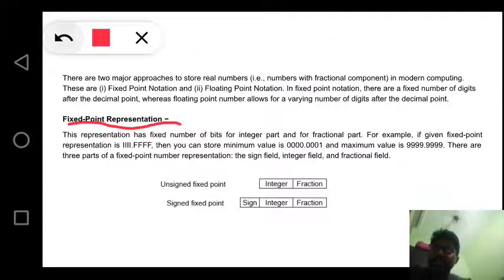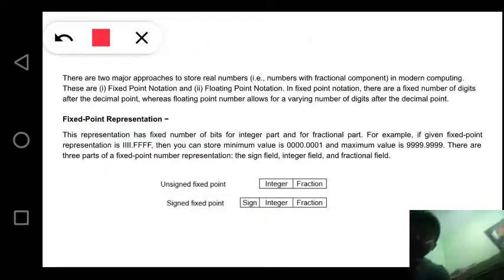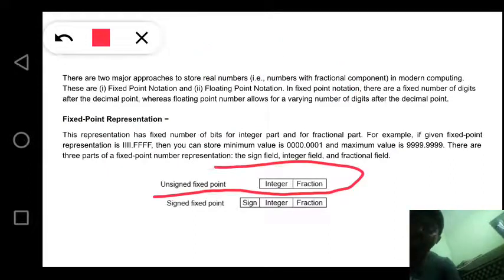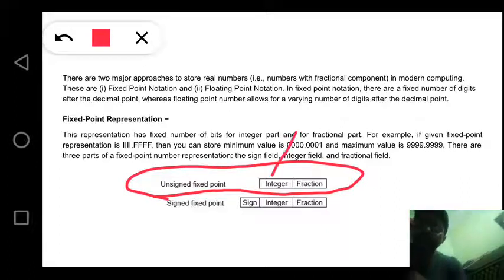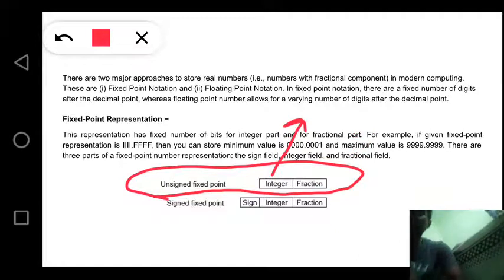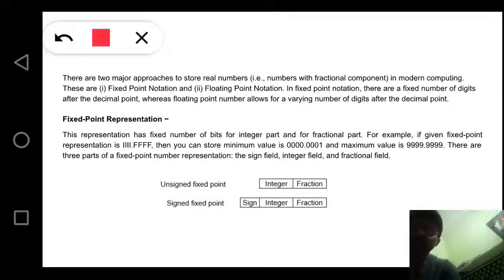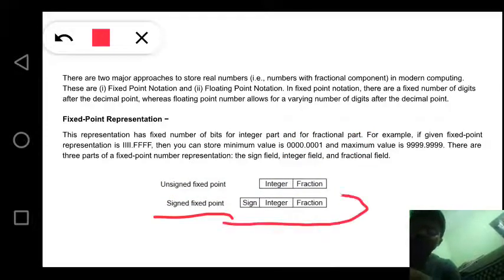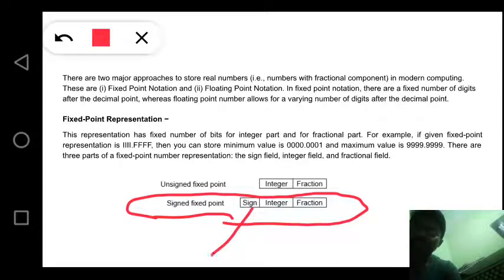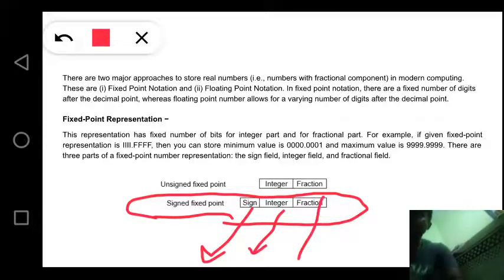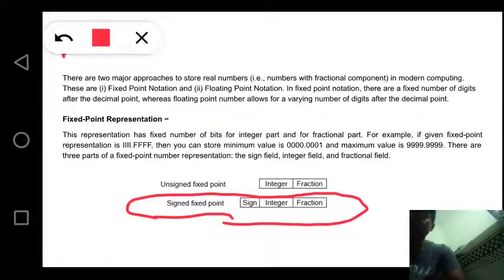If it is unsigned, this is the representation where we have integer part and fractional part. This we know. And the important thing is the signed fixed point number. In case of a signed fixed point number, we have a sign bit, integer part and fractional part. This is important.